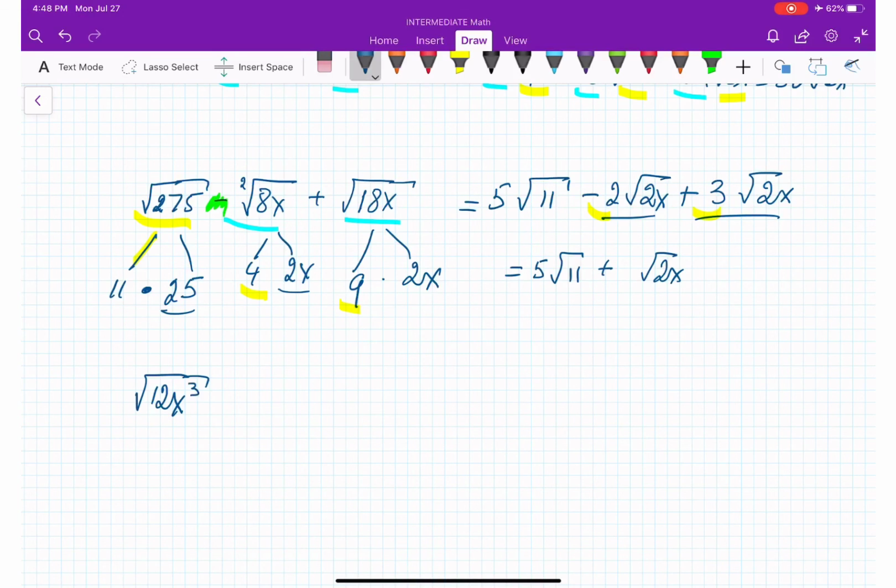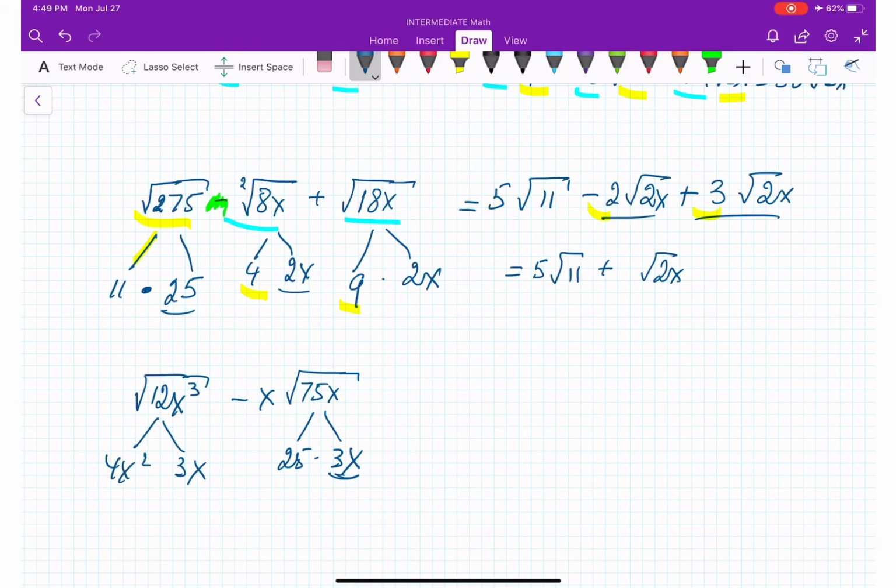And minus x times square root 75x. I know up front that 75x I can break down 25 and 3x. Therefore, this 3x is going to stay underneath. If I break down here 3x, here it's going to be 4x squared.